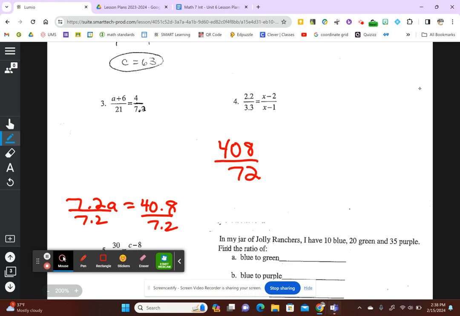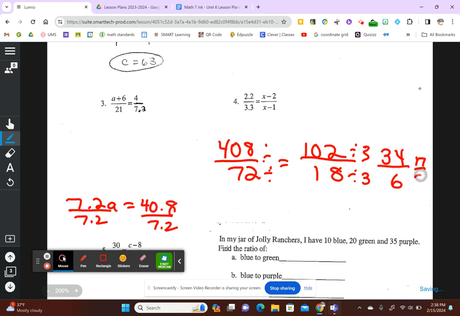I know they're both divisible by 4, so I'm going to divide the top and the bottom by 4, and I get 102 over 18. Now these are both divisible by 3. So this is 6 on the bottom. 3 goes into 10 3 times, 34 over 6, or 17 over 3.